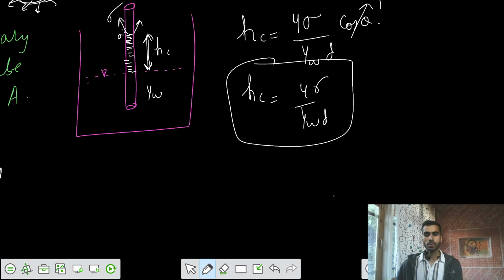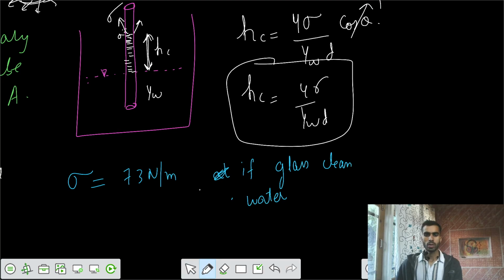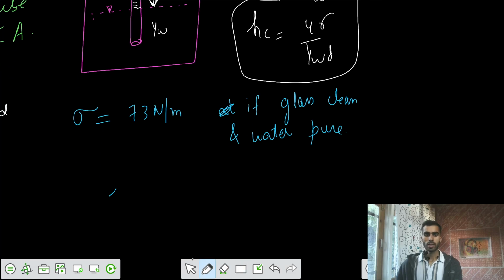If I substitute sigma, the surface tension, as 73 Newton per meter, when the glass is clean and water is pure, then the equation for capillary rise is hc equals 0.03 by d.